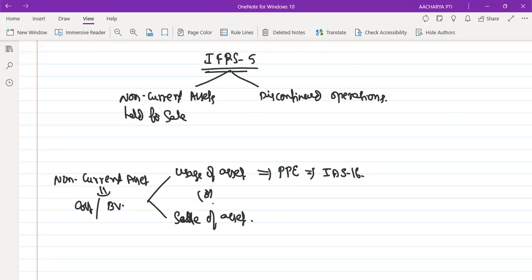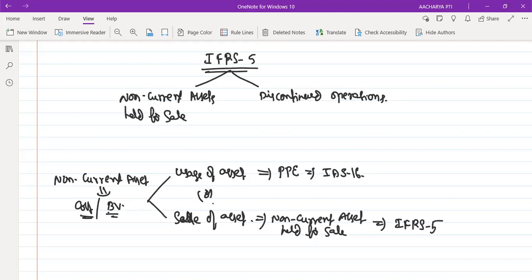But if the carrying amount or book value of the asset is recovered only by sale of the asset, then that is called a non-current asset held for sale, and it is accounted for as per IFRS 5.